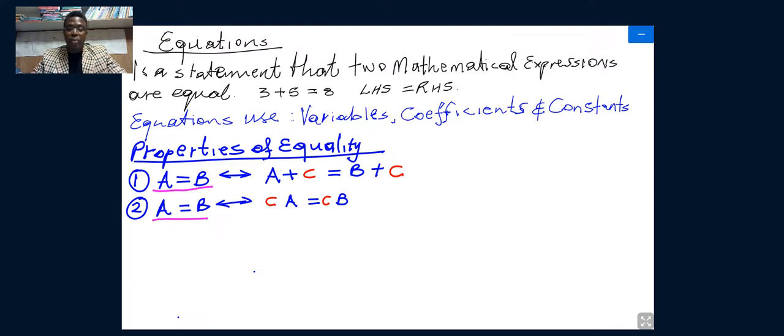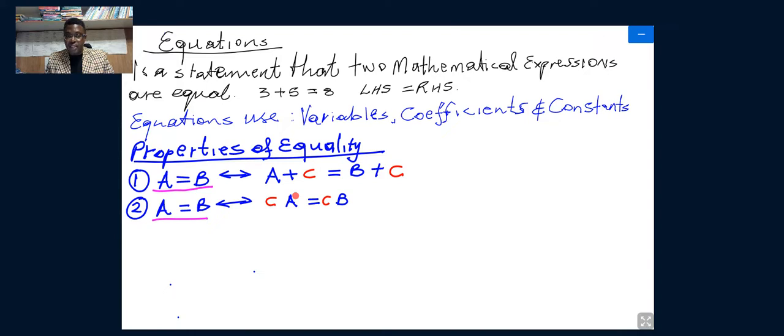We have two properties of equality. The first one, we have A equal to B. Here we learn that we can add or subtract any variable or any value into an equation for as long as you satisfy the property of equality.